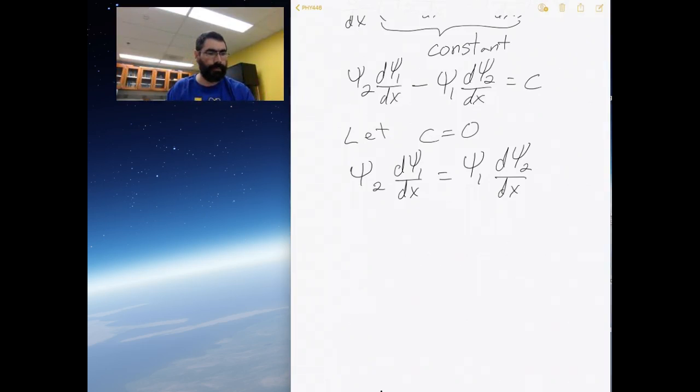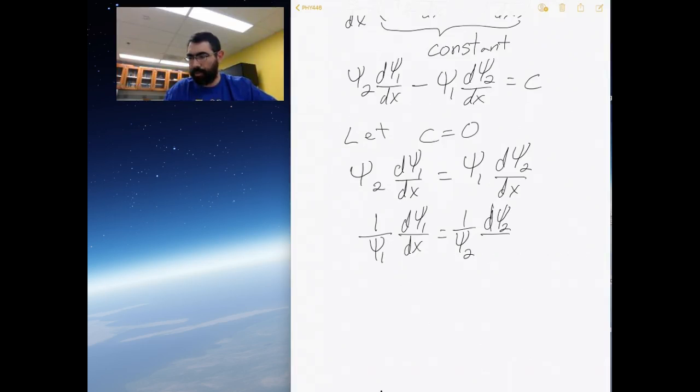And I guess you could pull out the dx and really just be left with, I could rearrange it and have 1 over psi 1 derivative of psi 1 with respect to x is equal to 1 over psi 2 derivative of psi 2 with respect to x.